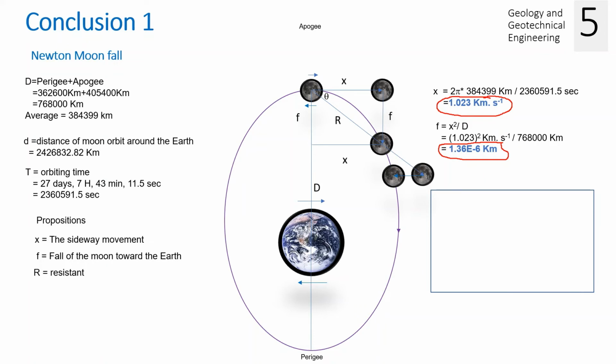The following calculations are my reflections on the calculation made by Newton, and I would like to calculate and also propose some parameters, which is the big X opposing the distance of the moon sideways from the orbit, and the normal forces, which is the forces opposing the gravitational attraction of the Earth for the moon.